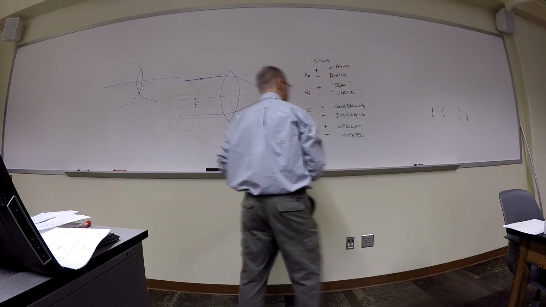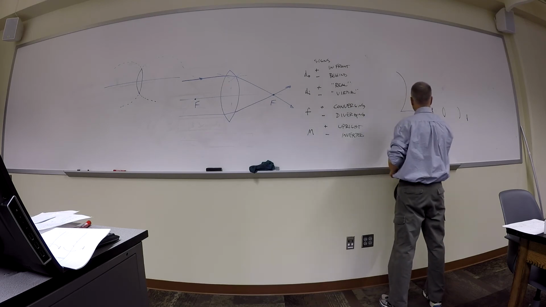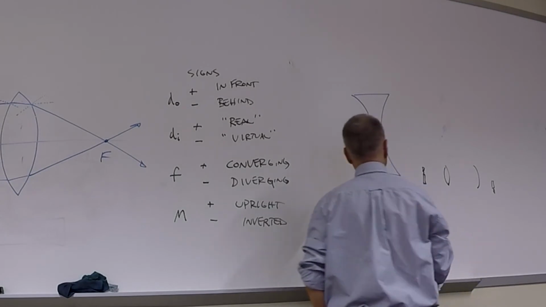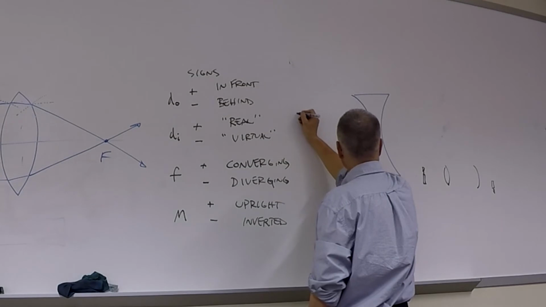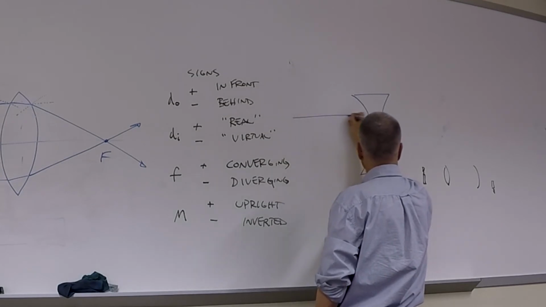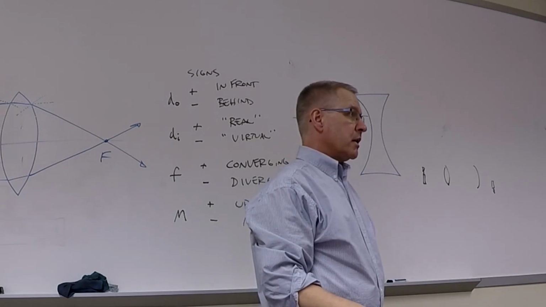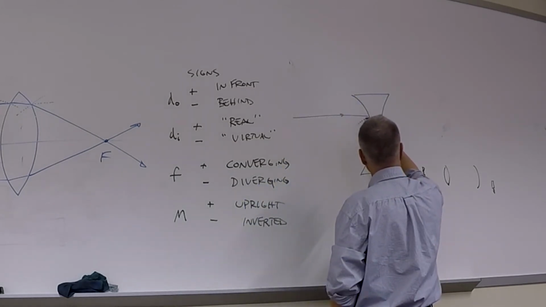What if I've got a lens like this that's shaped this way? And I send light in. Notice at this point, here's the direction of my normal line.